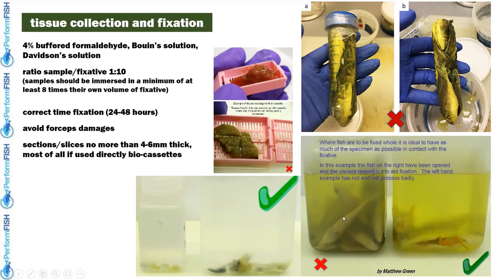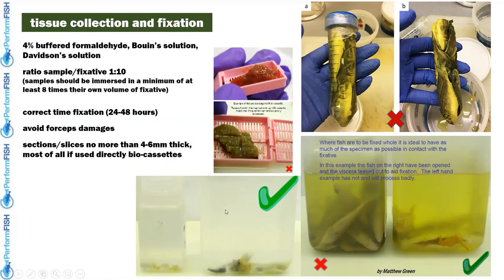In this situation, the fixation is not correct. It's better to put a few fish in a bottle, in a jar, open the ventral line, and expose the organs inside to the penetration of the fixative solution, or if the organs are removed from the fish, put them in a bottle, and the quantity of fish that is better is like in this situation.